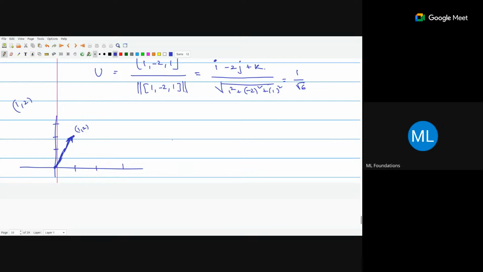Now, if you clearly observe, if I draw this line, all the vectors on this line are scalar multiples of each other. Do you agree? So there will be one more vector which is 2 comma 4 on this particular line, and that also goes in the same direction.